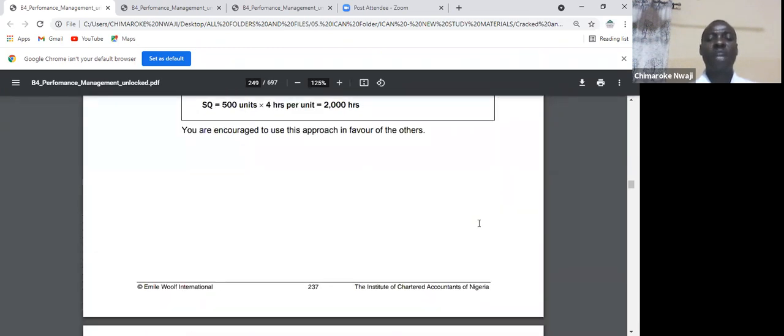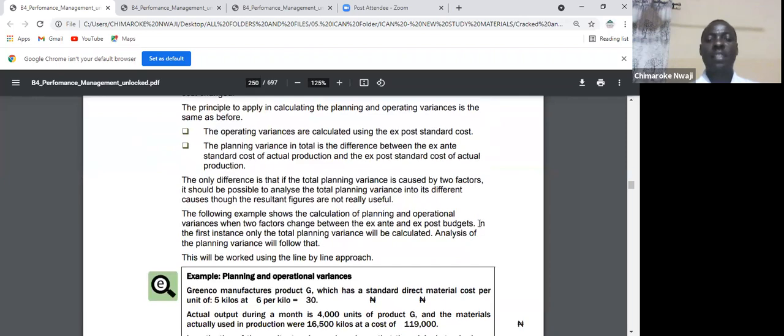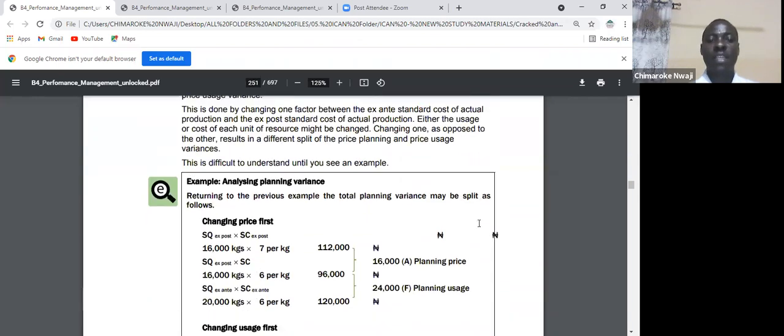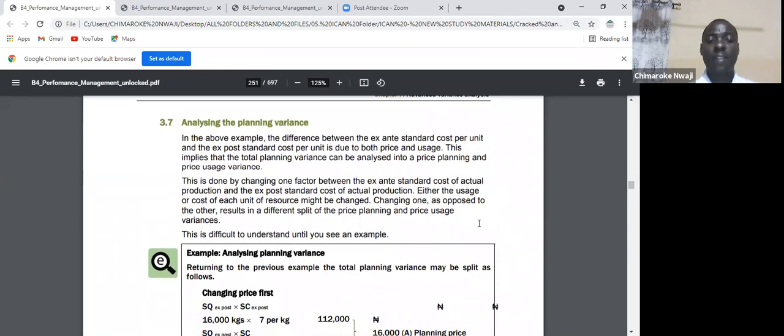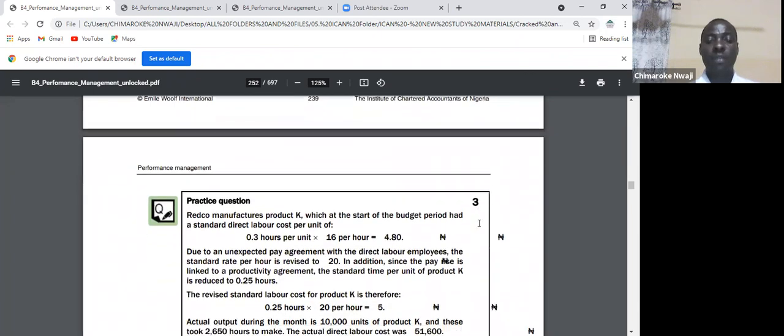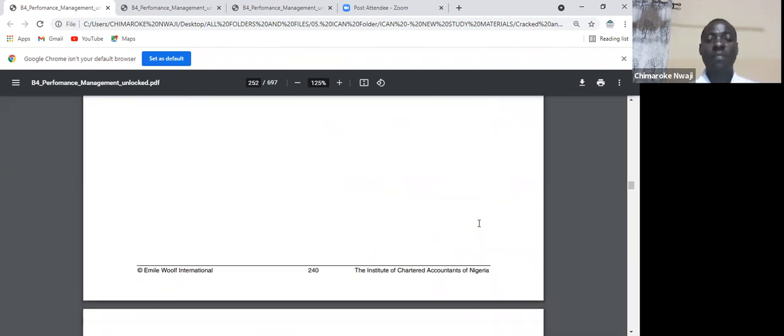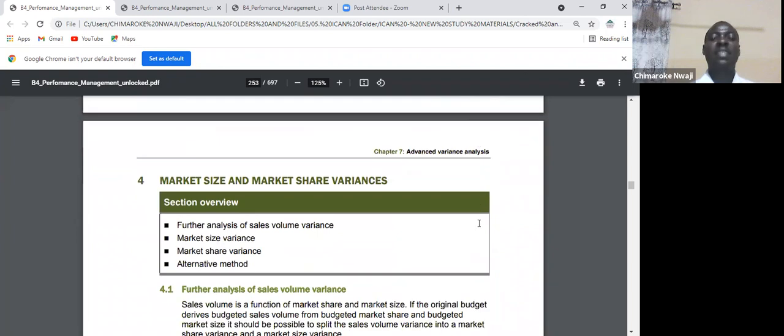Then we shall be looking at market size and market share. That's it. Market size and market share. When we do that, that will conclude our discussion on variance.